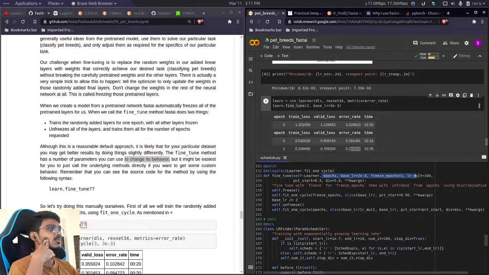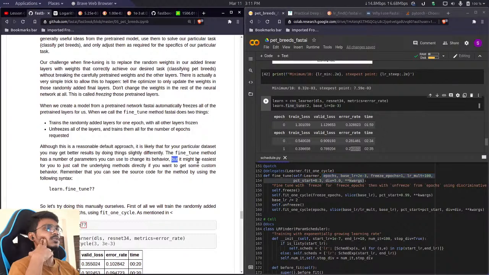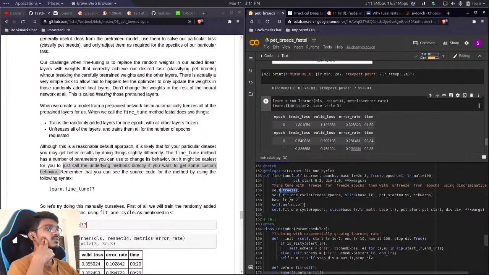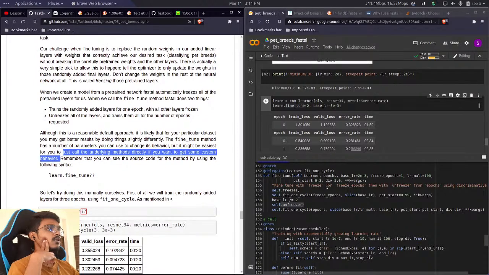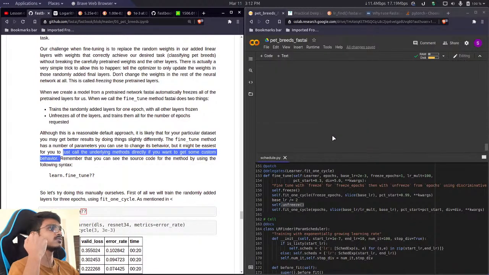These are the parameters provided by the fine-tune method. But it might be easiest for you to just call the underlying methods directly if you want to add some custom behavior. Those underlying methods are freeze, unfreeze and fit one cycle. Remember that you can see the source code. Yes, we have already opened the source code.